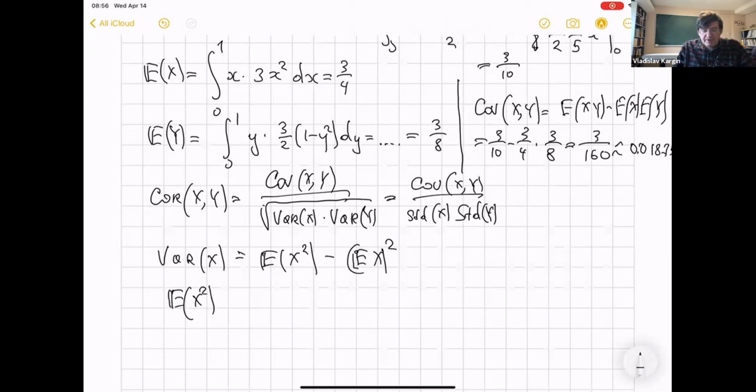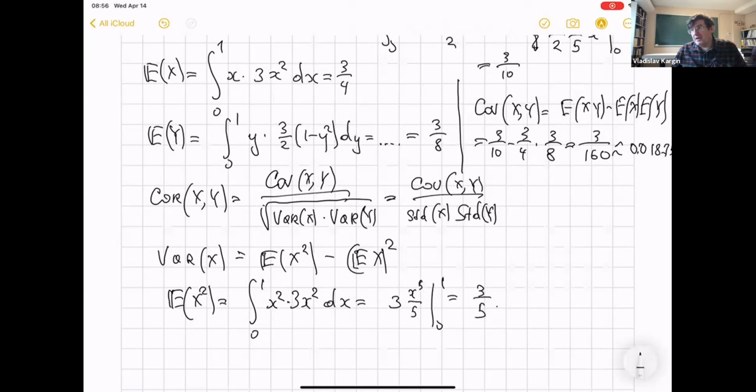So the expectation of x squared is equal to the integral from 0 to 1 of x squared multiplied by the marginal density of x, so 3x squared dx. Well, this is an easy integral. So it's 3x^5 divided by 5 from 0 to 1, so it's equal to 3/5.